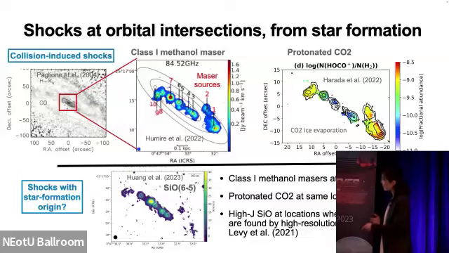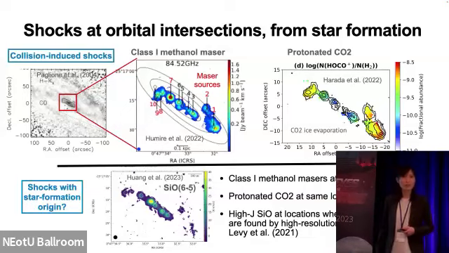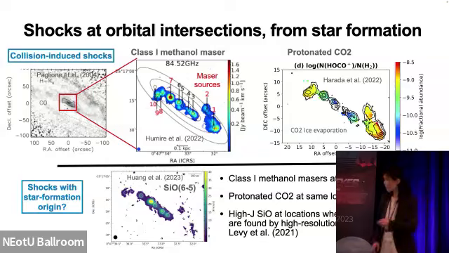Those peak signal profiles mean that they have outflows, probably cluster scale outflows. So these shocks traced by SiO 6-5 may be from this starburst.